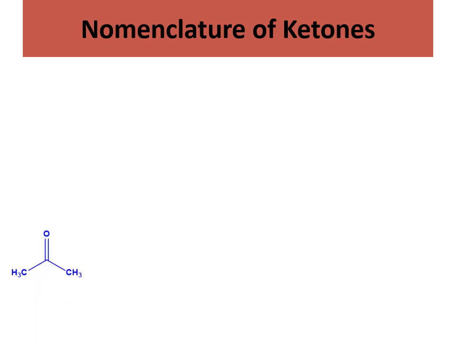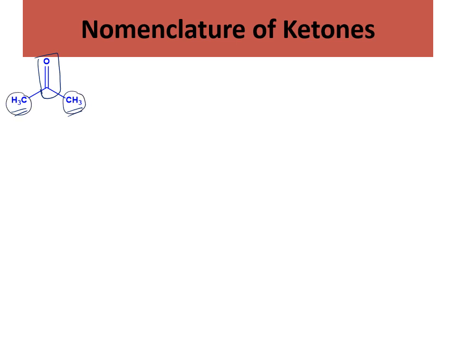The first compound is CH3, C double bond O, CH3. What you see here is a carbonyl group, and on both the sides it is attached to carbons, so this compound belongs to the ketone family. When we want to give it a common name, what we do is we mention these methyl groups in the name.